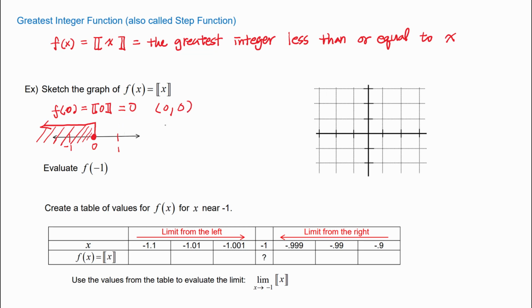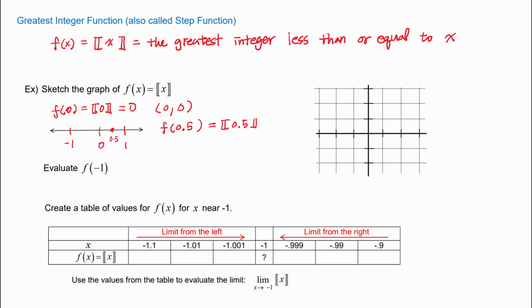What would it be now? F of 0.5. F of 0.5 is the greatest integer function of 0.5. Again, I have negative 1 here, 0 here, positive 1 there. And 0.5 is around here, right?